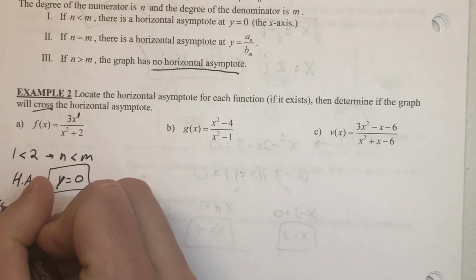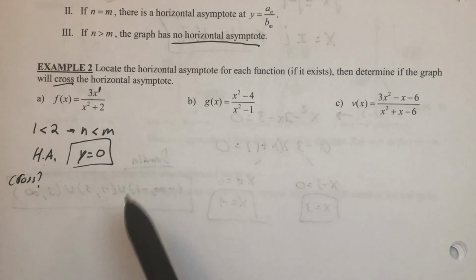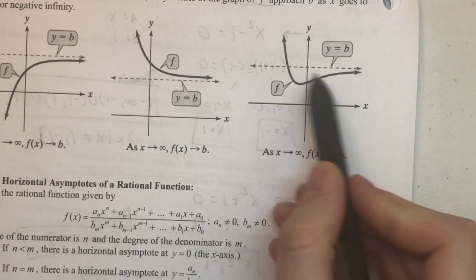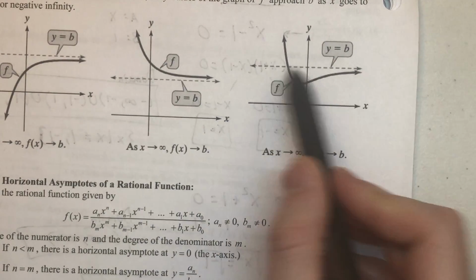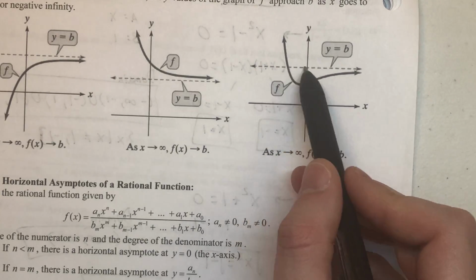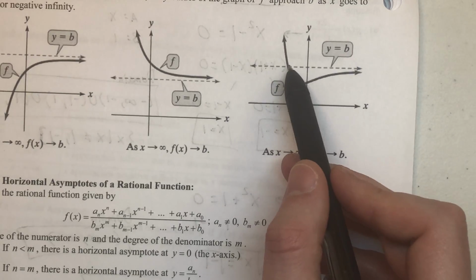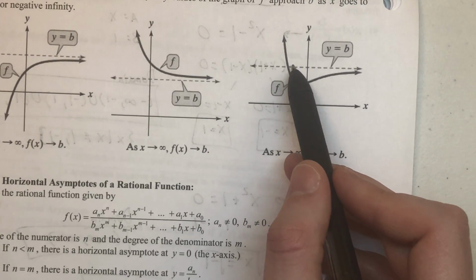Now, this question of does it cross? What you're basically asking there, I'll go back to this picture, is we now know the location of this asymptote, this horizontal line. But if our graph crosses that line, then that means we would have to have our function have that y value as a value of the function.